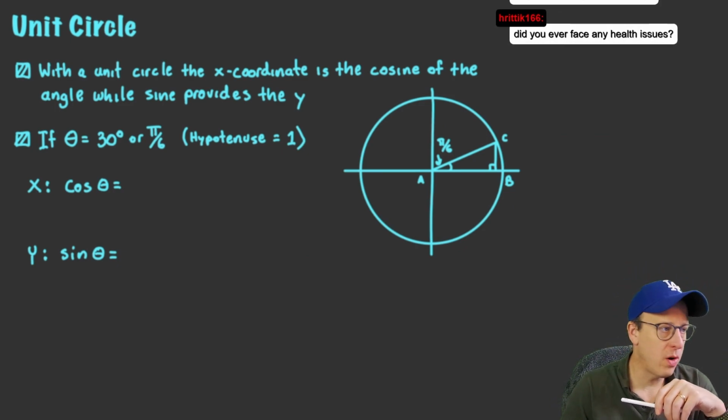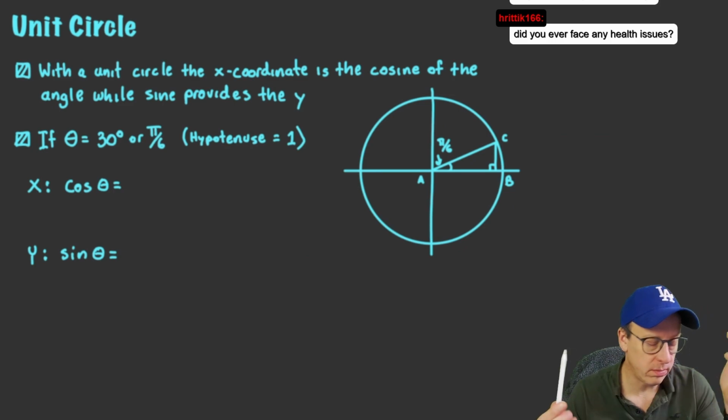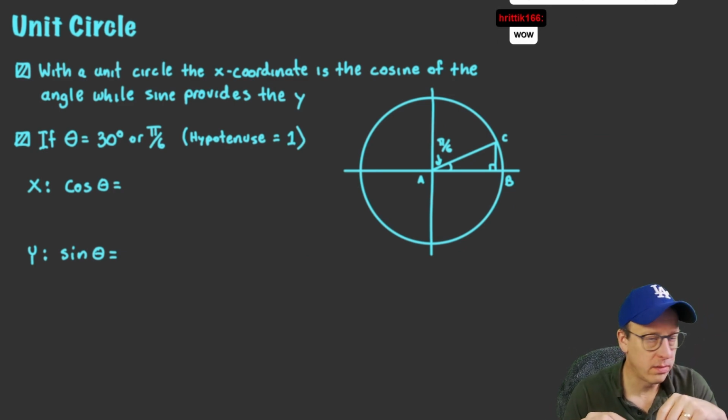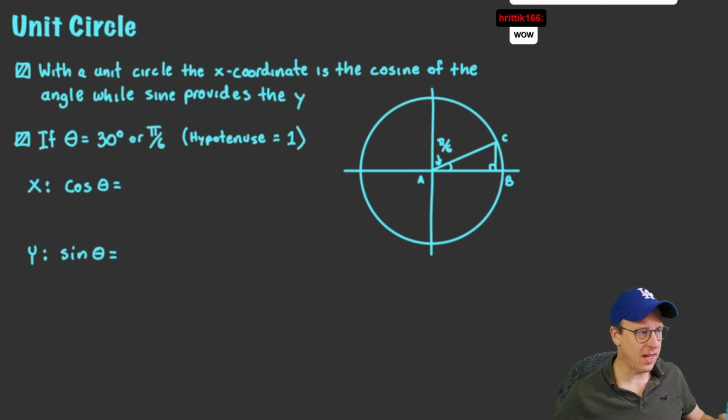And I have zero health issues. I run every single day about 3 to 4 miles, and I have zero health problems. Nothing's wrong with me. Except I have long COVID, but that has absolutely nothing to do with sleep. Because I did this for 27 years. I've only had long COVID for like a year and a half.